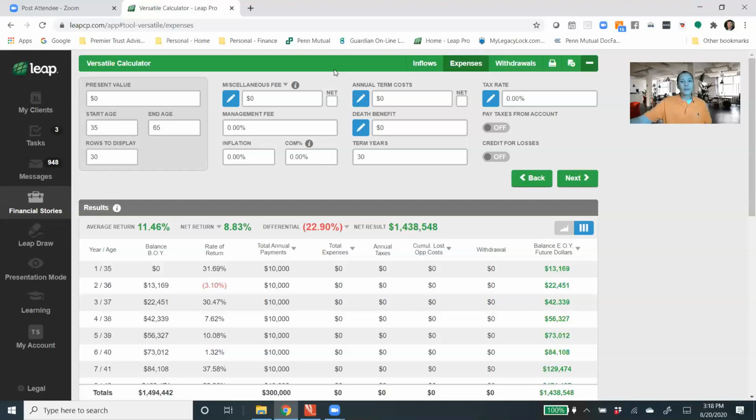But let's just be very conservative and say there's a 1% management fee. I've seen them as high as 3%. Let's say 1%. So 1% actually now equates to almost $118,000 of fees directly, but it dropped the account to 1.16 million.